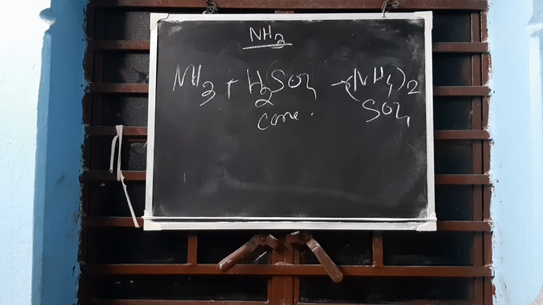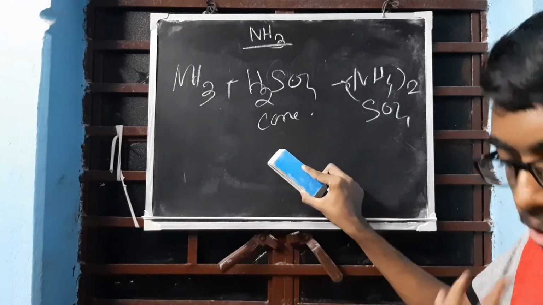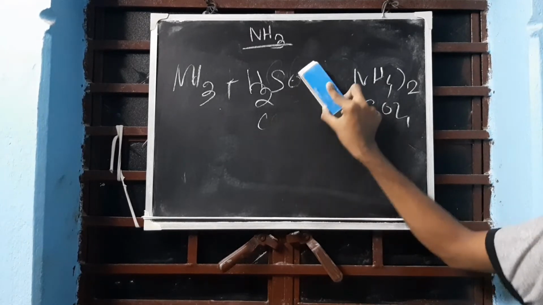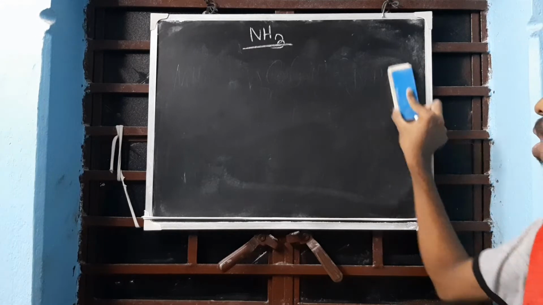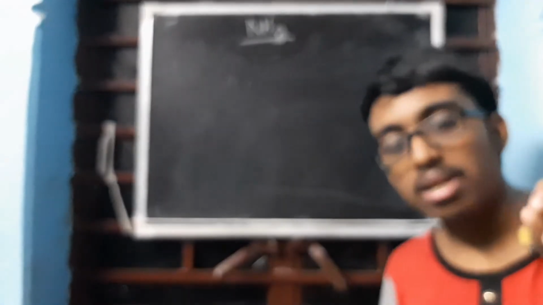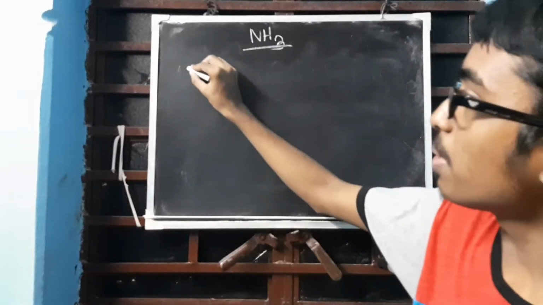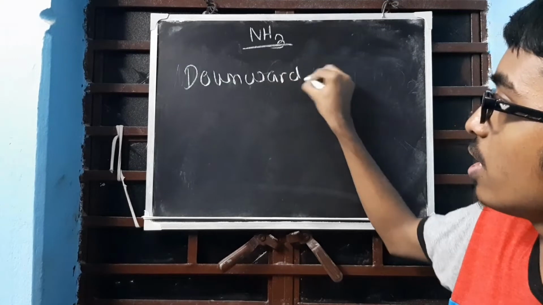Next, collection. This ammonia gas is collected by downward displacement of air. If you remember, HCl is collected by upward displacement of air, or downward delivery of HCl gas, right? But here ammonia is collected by downward displacement of air itself.